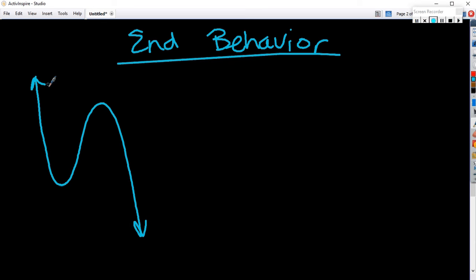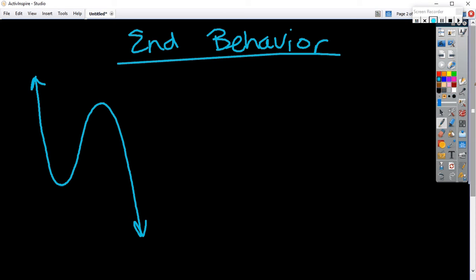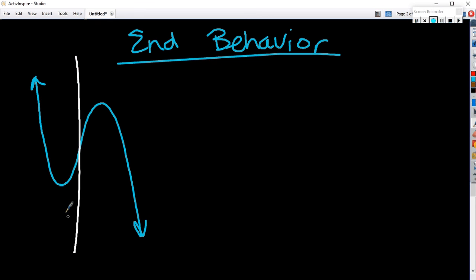What kind of graph is that? That's a cubic graph. Good job, guys. All right, and let me put my x and y axis on here. This is my x axis. This is my y axis. And if I asked you in which direction x gets bigger, what would you tell me?